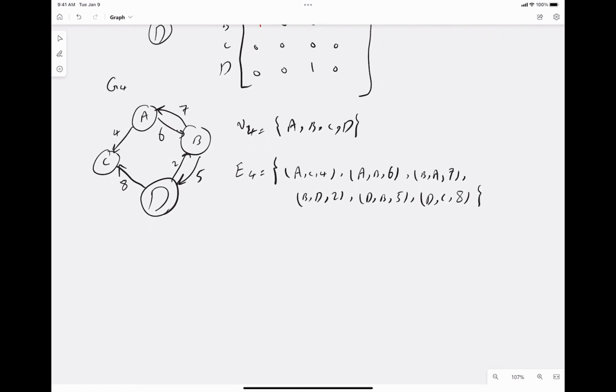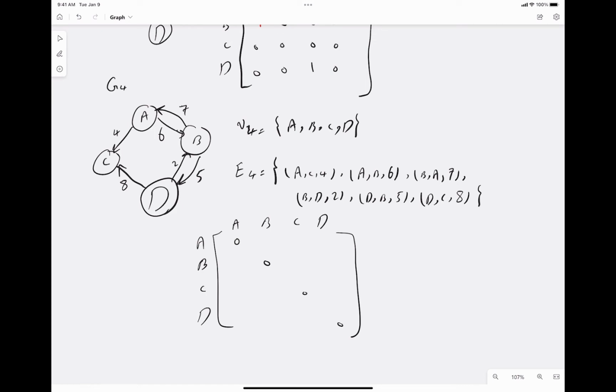Now, look at the graph G4, and we're going to write the adjacency matrix for this one. The only difference here is that instead of writing the numbers 0 and 1, we're going to write the weights associated with each edge. There's no direct edge from any node to itself, so I'm going to put 0 for these entries on the main diagonal.